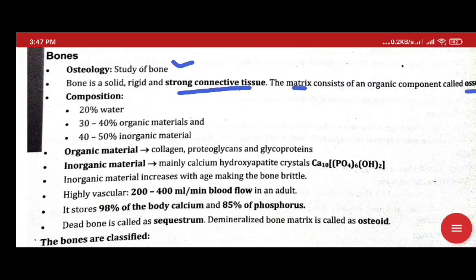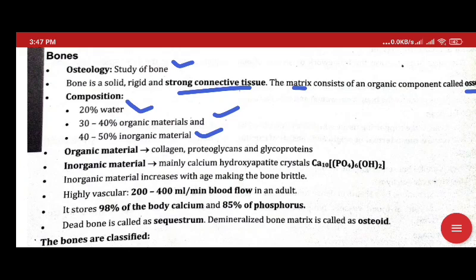In that matrix called osein, water is 20%, 30 to 40% is organic material, and inorganic is 50%. So mostly in bone, inorganic material is found, that is calcium phosphate.